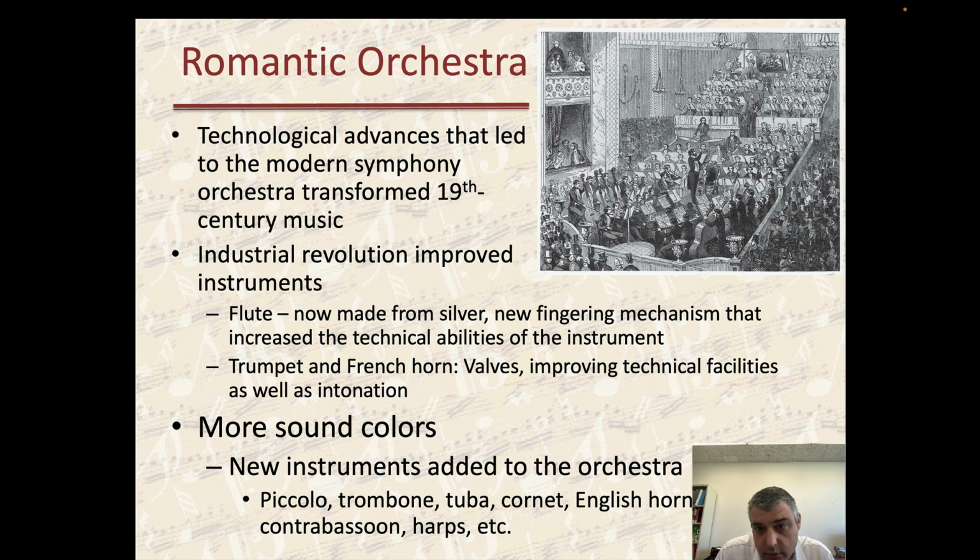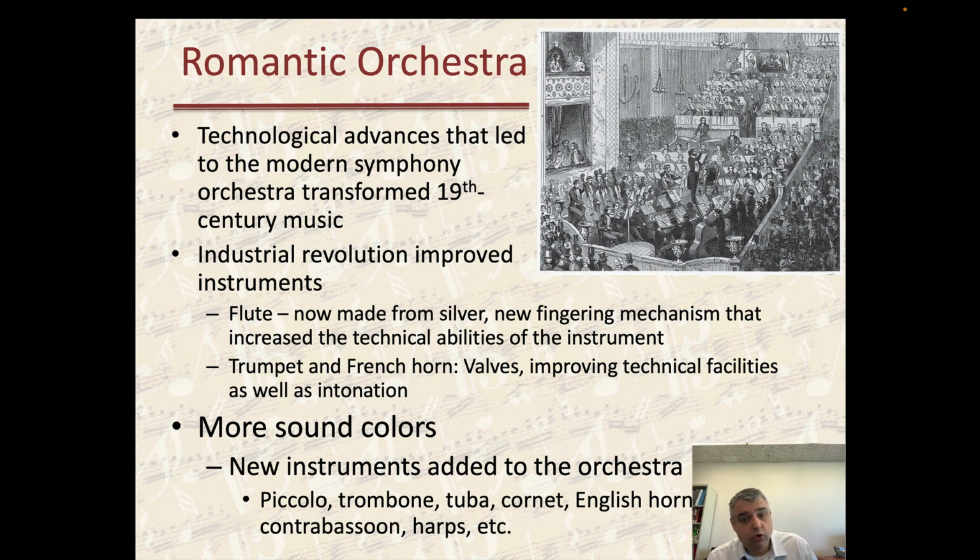It's now made of silver, and we have fingering mechanisms that make it more technically able. You have trumpets and French horns, and towards the early 19th century, they start to put valves in them. Now that the French horn and trumpet have valves, they can be more versatile and play in many different keys. That's a huge innovation for the instruments.